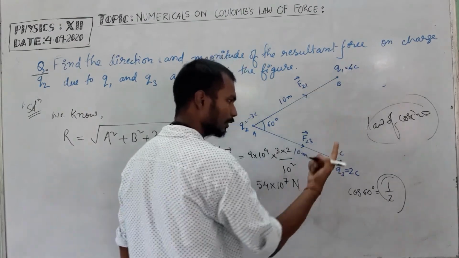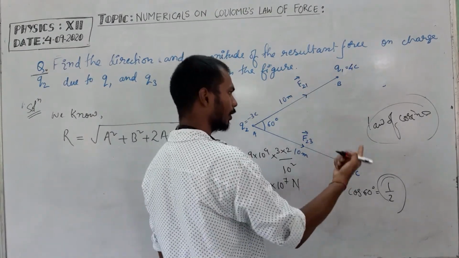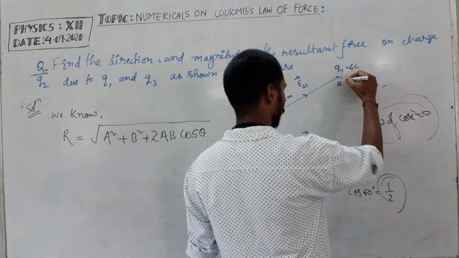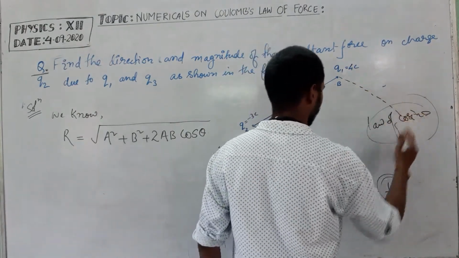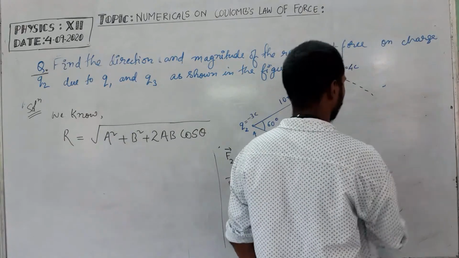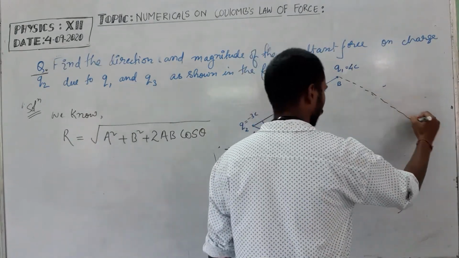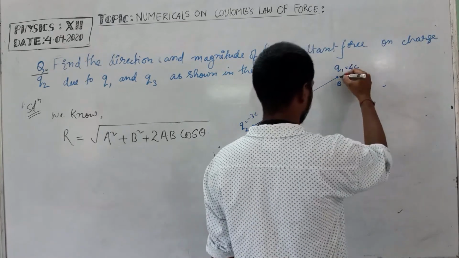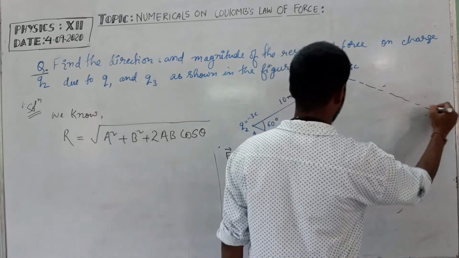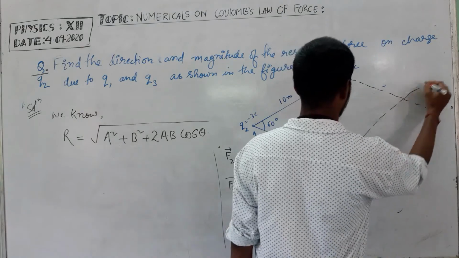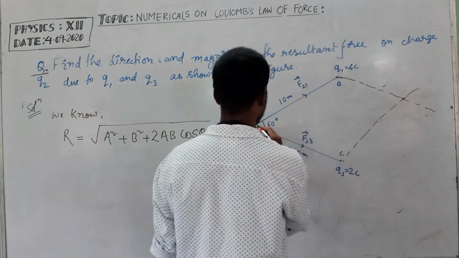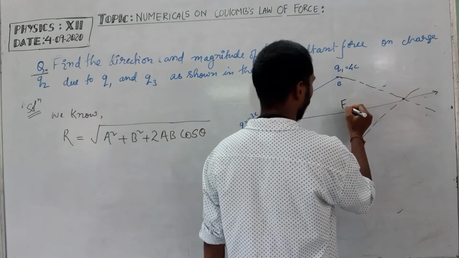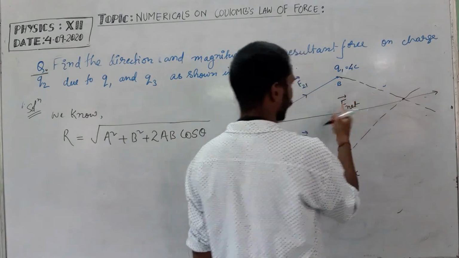This resultant will be in the middle. If you use the triangle law of vector addition or the parallelogram law of vector addition, you can find the direction. This is the direction of our net force, the resultant force.